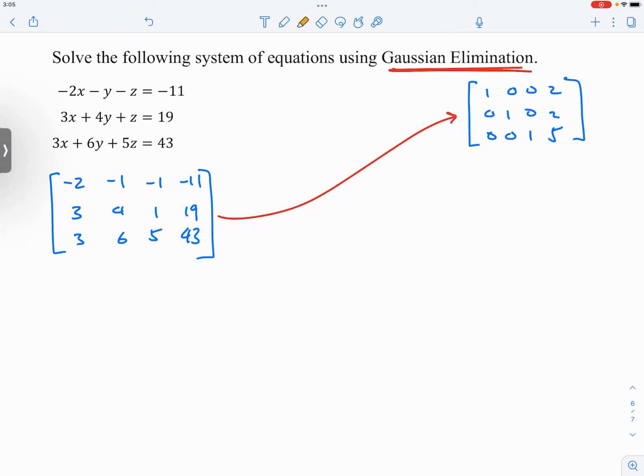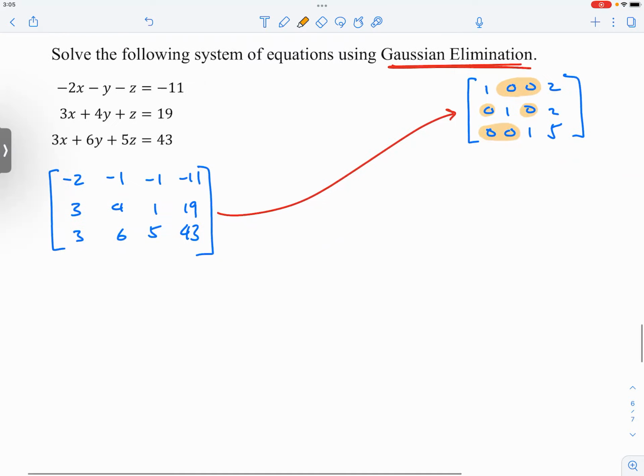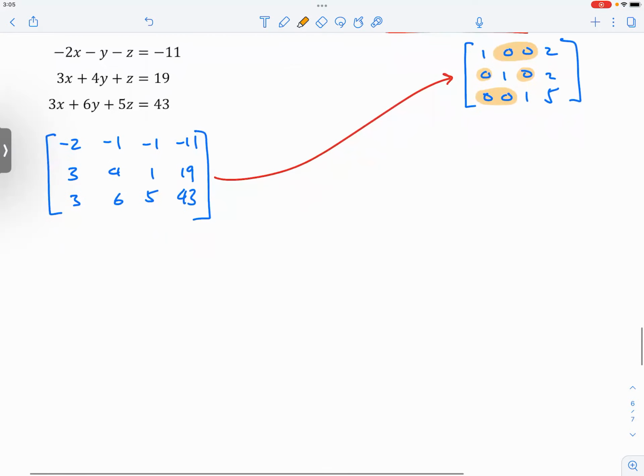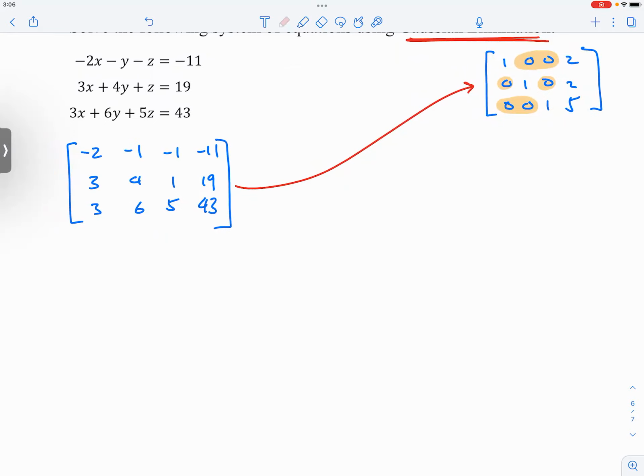I want to highlight something right here, that we want to make some zeros happen. I want you to focus on the zeros. So what we usually do is that we first label the first row as R1, second row as R2, and third row as R3. And then we would say, well, let's go ahead and make some zeros. Like for example, we would love to make this 0.